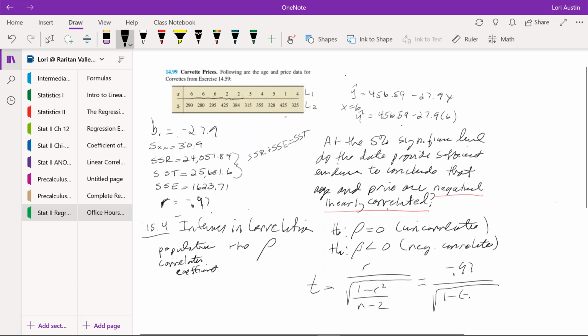Be careful with the negative signs here and use parentheses carefully, because the negative 0.97 does get squared and does become positive, but it's still 1 minus that.